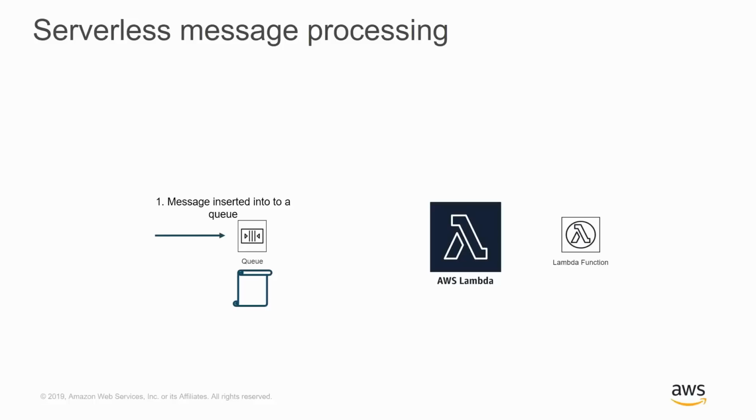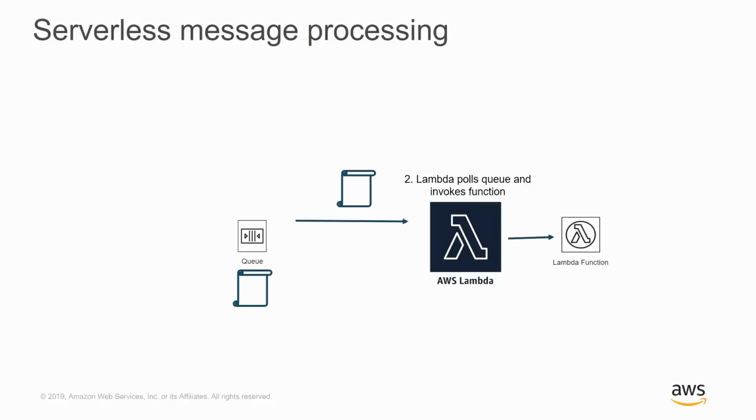What happens next is AWS Lambda polls the queue, fetches the available message, and then passes it over to your own Lambda function as input to execute it. Your Lambda function can then do whatever processing it needs to do, possibly calling other dependent services to complete the processing of that message.